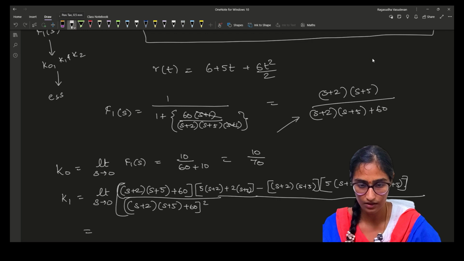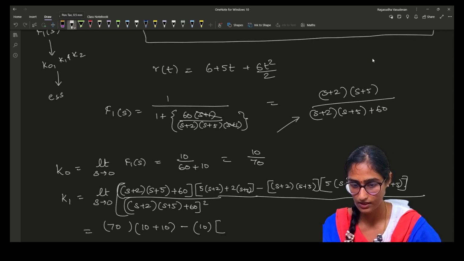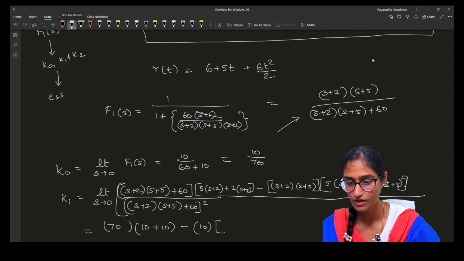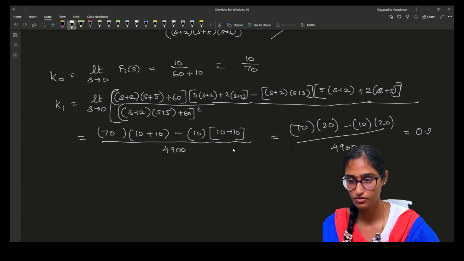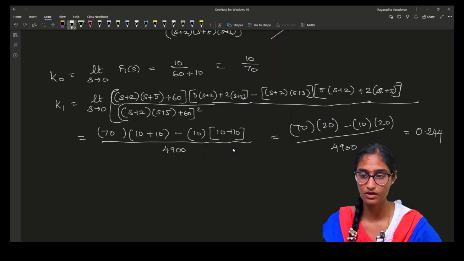So 5 2s are 10, 10 plus 60 is 70. 70 multiplied by 5 2s are 10 plus 5 2s are 10, minus, you have again 5 2s are 10, and then inside the square braces it will be 10 plus 60, 70 square. So 7 7s are 4900, which is equal to 0.244. Okay, so this is K1.